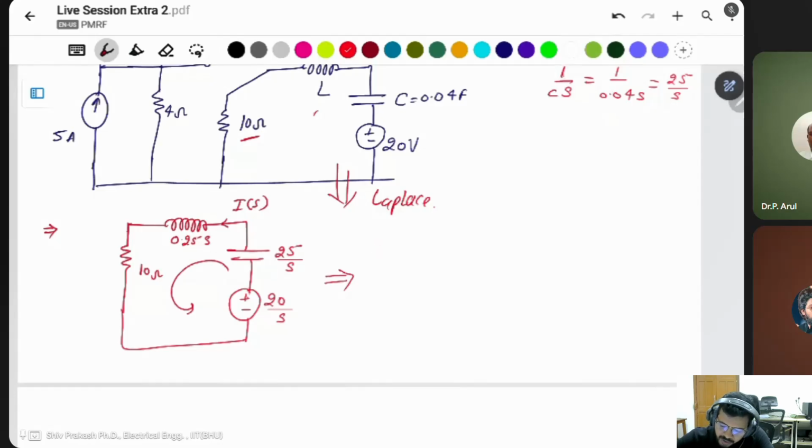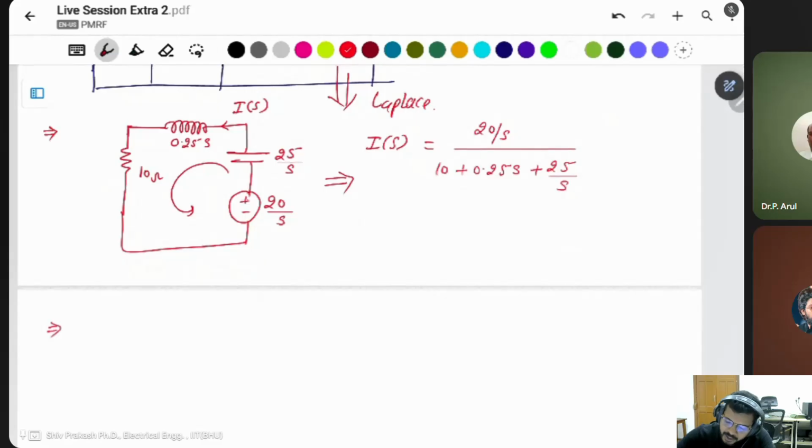Then in this case, what is the IS? You can say voltage divided by all impedances. Voltage is 20 by S divided by all impedances: 10 ohm, 0.25 S plus 25 by S. Take the LCM, the denominator. 20 by S, take the LCM of S. This will be 10 S plus 0.25 S square plus 25.